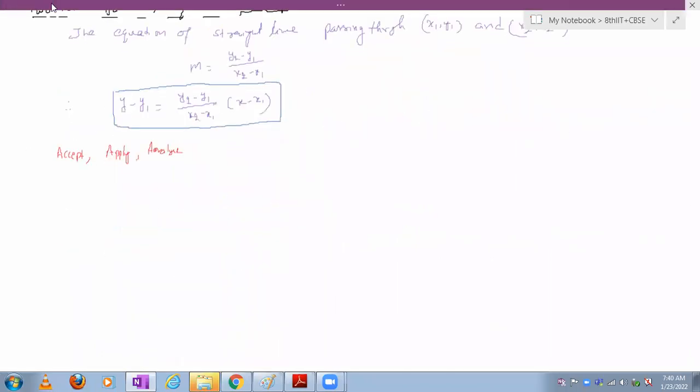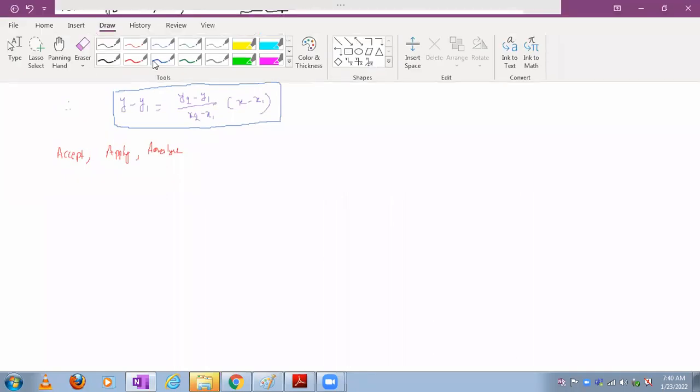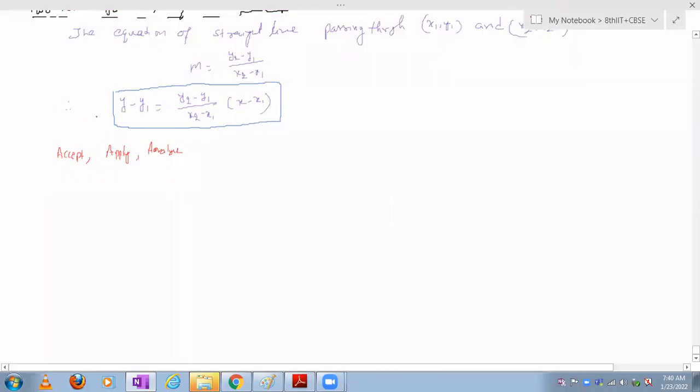Let's proceed a little bit forward now. What we need to find now is the slope and y-intercept form of equation. Slope, this is m, and y-intercept is c.